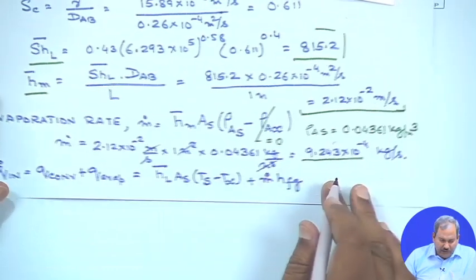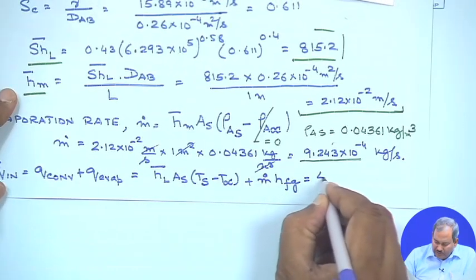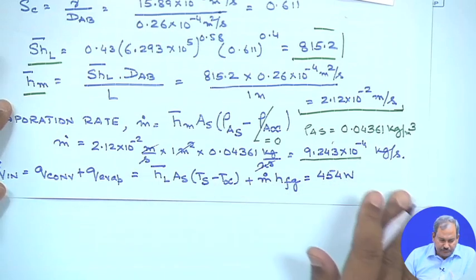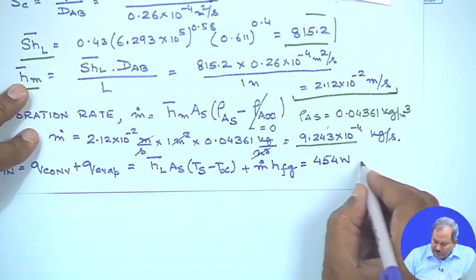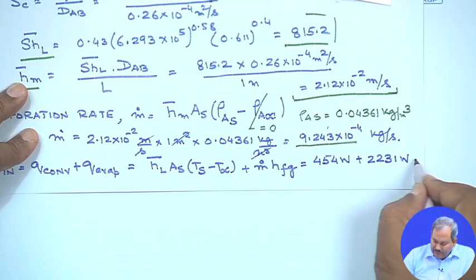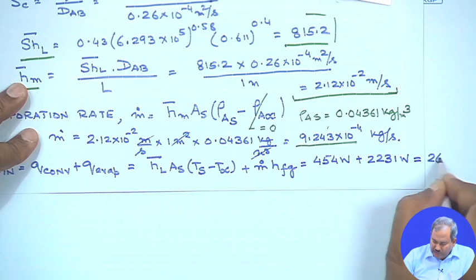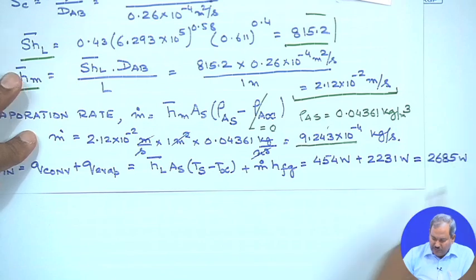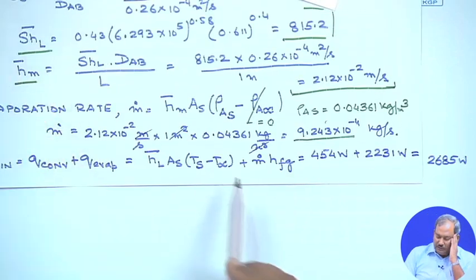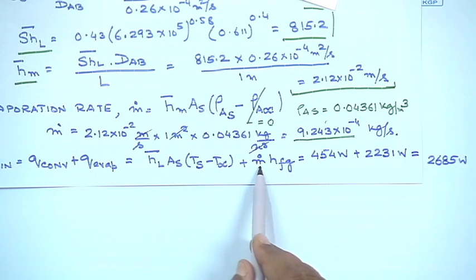And when you put the values and evaluate them, what you would get is 454 watt for this, and this is going to come as 2231 watt, and the sum total of this is 2685 watt.